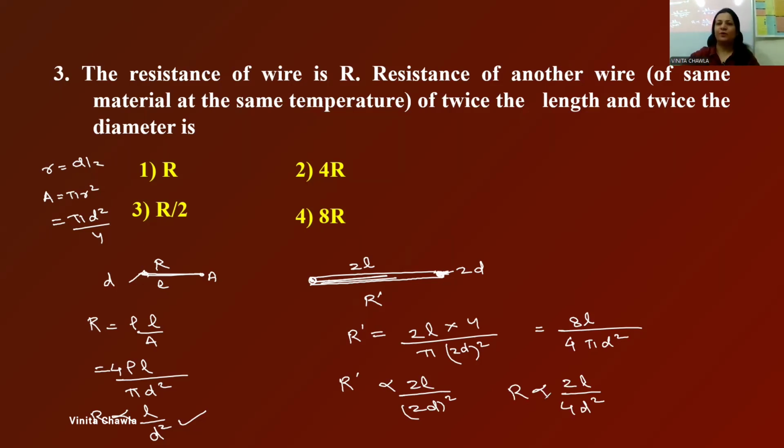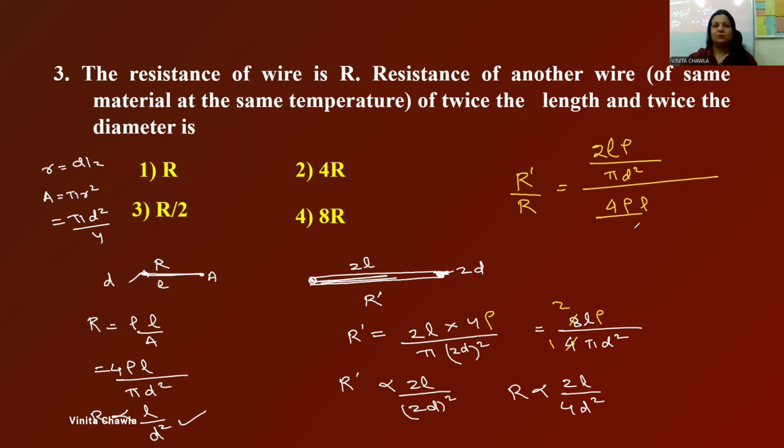बताओ क्या आएगा? So find R dash by R. R dash by R is 2L upon pi d square, and here we have रो भी तो आएगा साथ में, रो L by A होता है ना, and here we have 4 रो L upon pi d square.